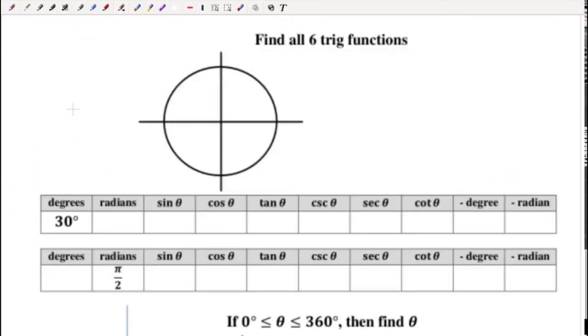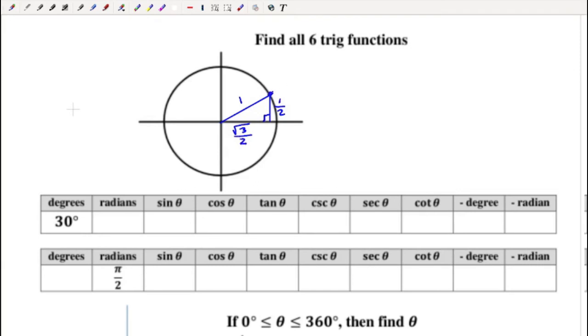So for this next exercise, we are actually going to find all 6 trig functions using our reference triangle and the unit circle. So draw in 30 degrees on your unit circle. So that's going to be somewhere over here. And drop down your perpendicular to draw in your reference triangle. So unit circle, hypotenuse of 1, opposite side is half as big, and the long side is √3/2.